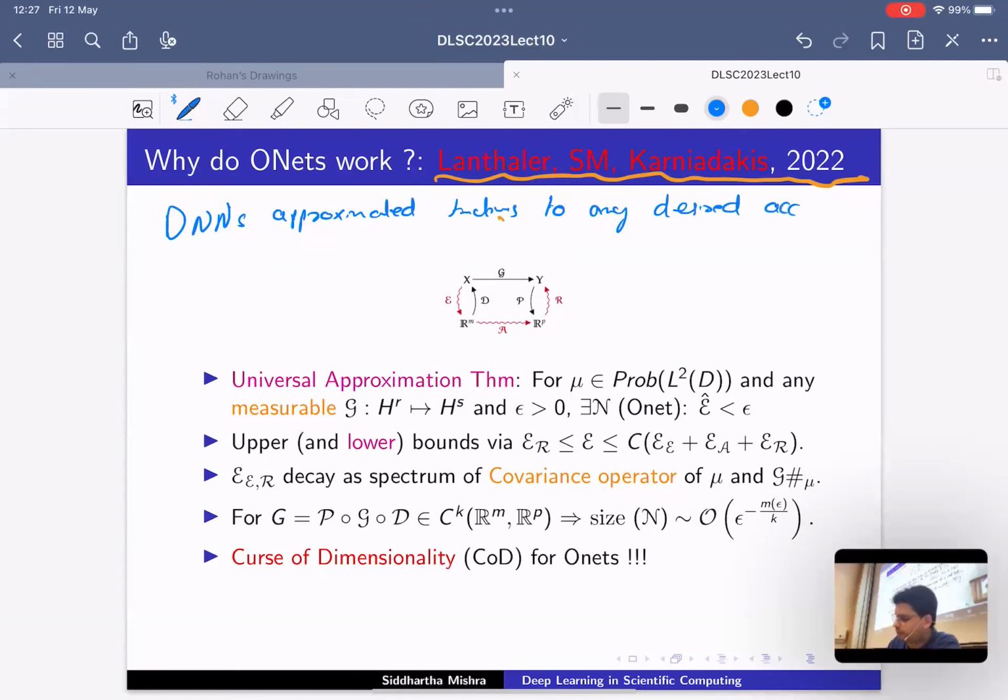This property of neural networks, deep and even shallow, was what was called the universal approximation theorem. This was for functions. Functions are nothing but mappings between finite dimensional spaces. And underlying some of the success of deep learning is the fact that deep neural networks can approximate functions to desired accuracy. A very large class of functions, in fact, measurable functions. The right statement is that these are just measurable functions.